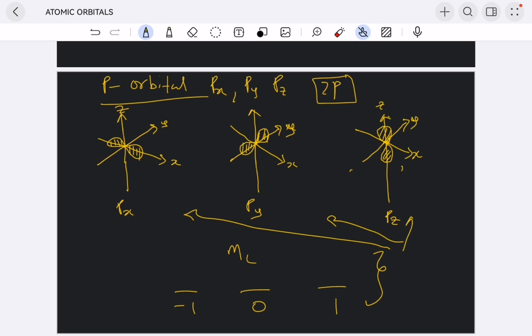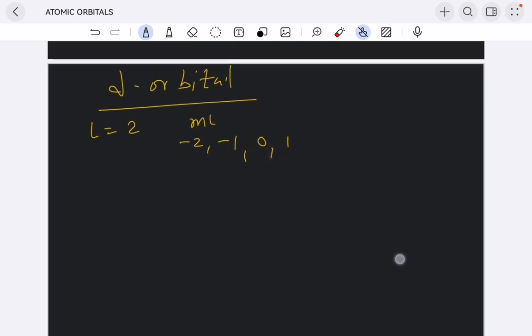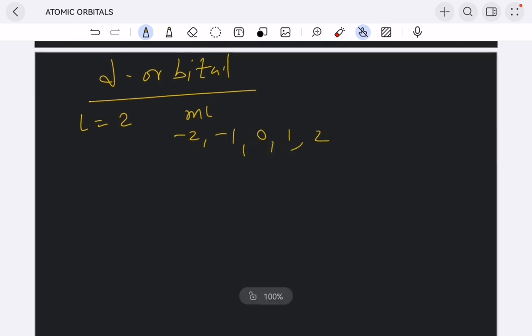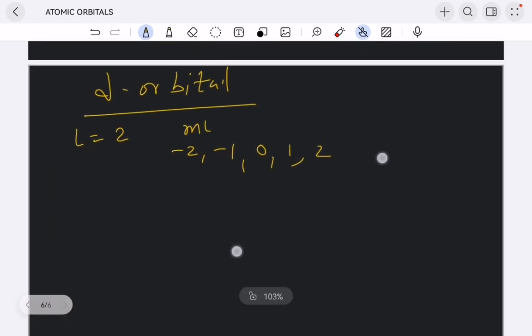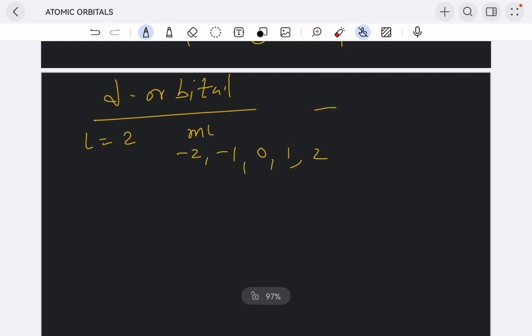Now let's look at the shapes of the d orbitals. So for the d orbital, when we say L is equal to 2, then the ML is going to be -2, -1, 0, 1, 2, meaning we have 5 orbitals: 1, 2, 3, 4, 5.